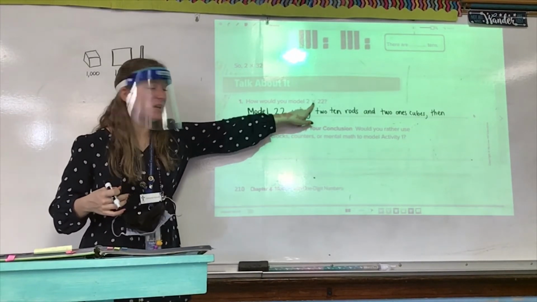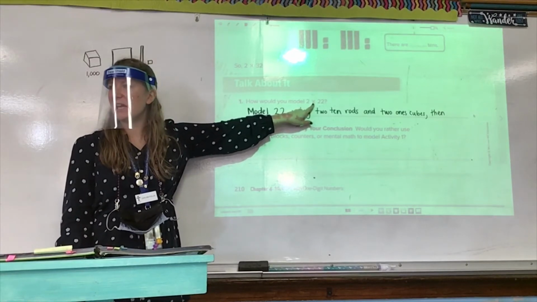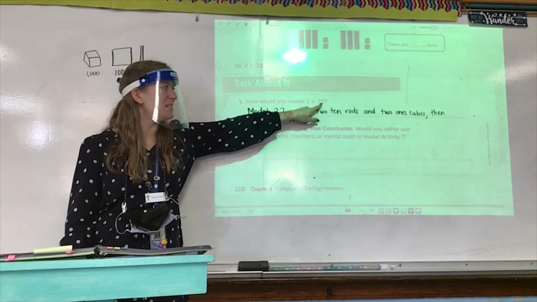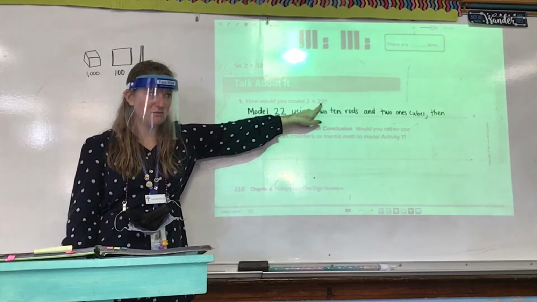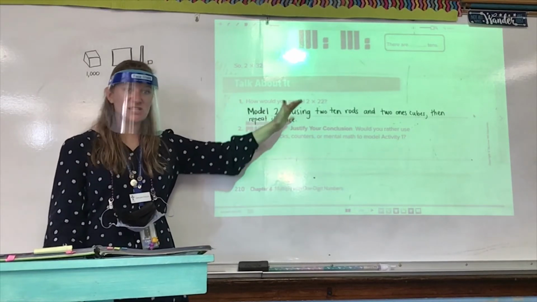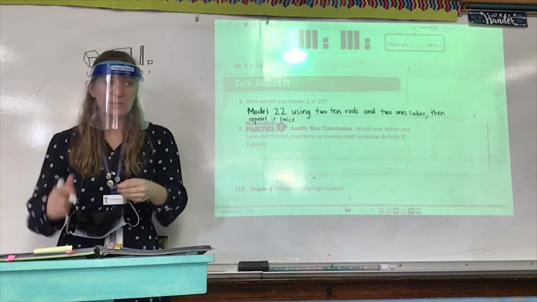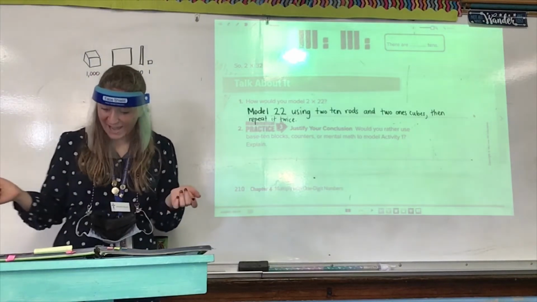Now that we're getting into bigger numbers, arrays are not really the best thing to use because then you'd have to have like 22 columns or rows. And that's just kind of silly. Mental math, you're not there yet because you don't actually know step by step how to do the multiplication just using paper and pencil, no models.